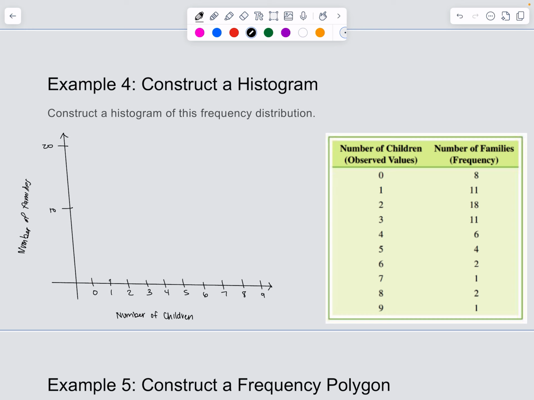Halfway is 10, 5, 15, something like that. Okay, so how many got 0? We have 8.